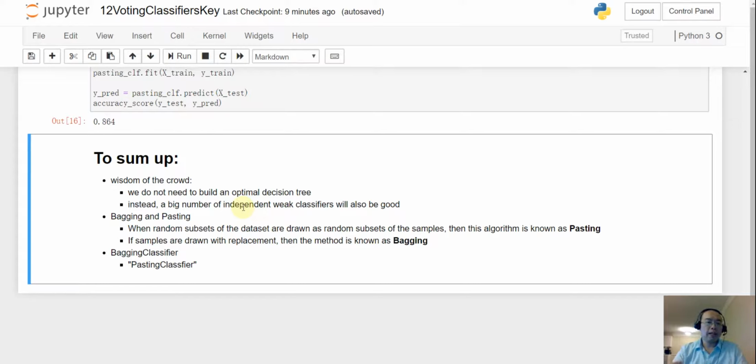The better idea is to use either bagging or pasting, with one ensemble of the same type of machine learning model, where we feed each predictor an independent subset of the data. Finally, we talked about the bagging classifier, and inside the bagging classifier, if you want to do a pasting classifier, remember that is also doable.